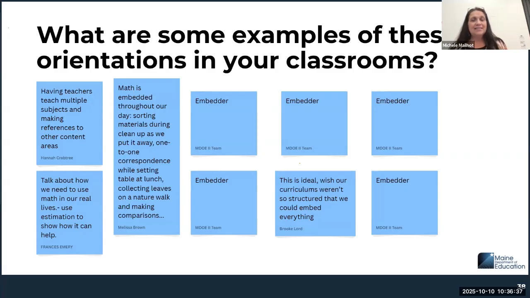But even as a separatist, we can make our instruction and our activities with our students very engaging at times as well. And so we don't want to lose thought of that. So thank you so much for sharing your thoughts.